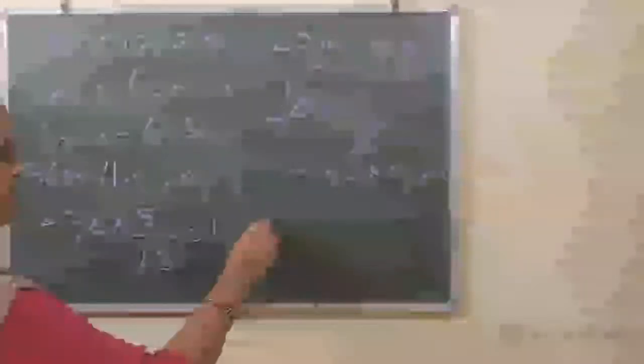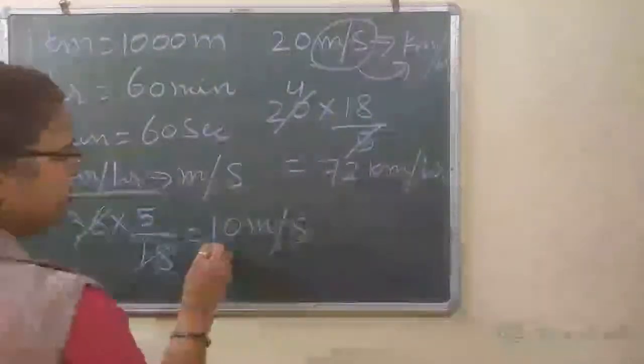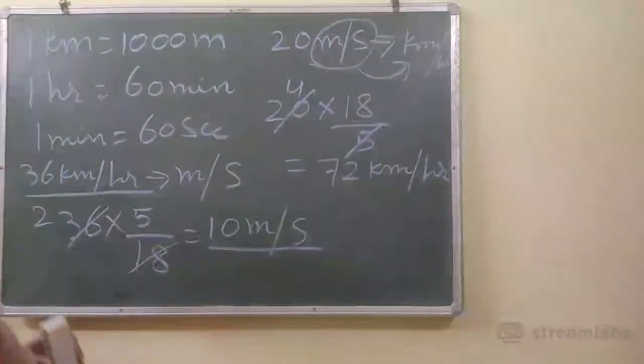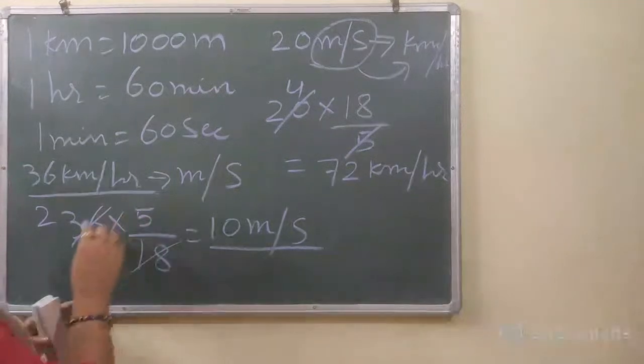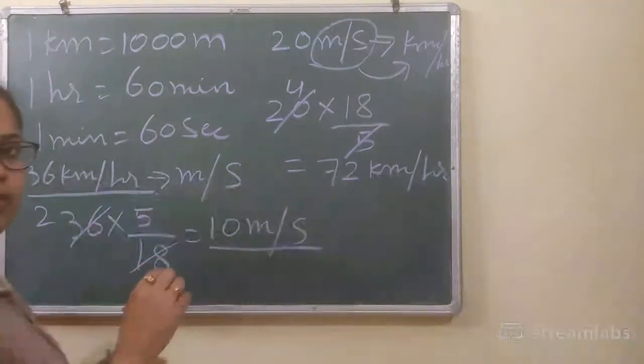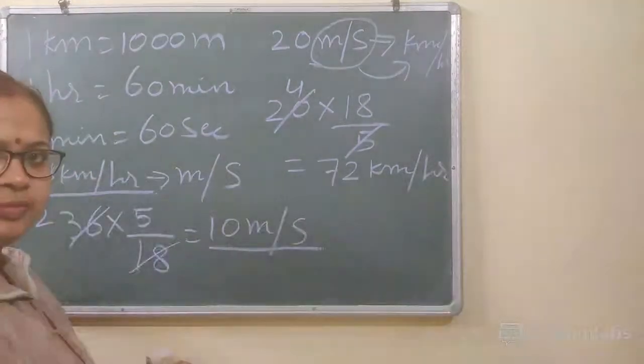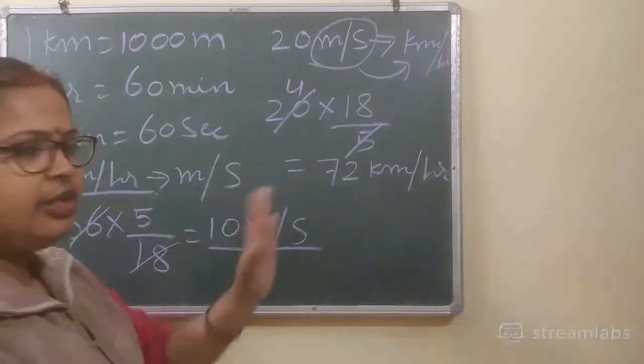Clear? 2 times 5 is 10. So 10 meter per second. Clear? So this 36 kilometer per hour is equal to 10 meter per second. How? We multiply the given quantity with 5 by 18. Okay? So this is very important.